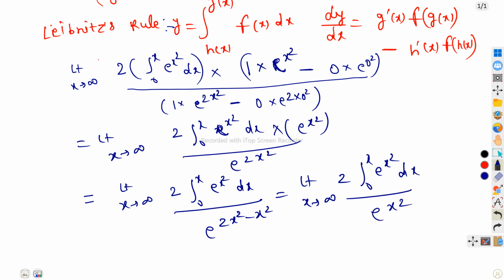So again, this is also in the form of infinity by infinity. Again, we use L'Hopital rule. In generalized L'Hopital rule we can differentiate any time we can until the denominator becomes non-zero or non-infinity. So we are using generalized L'Hopital rule here.